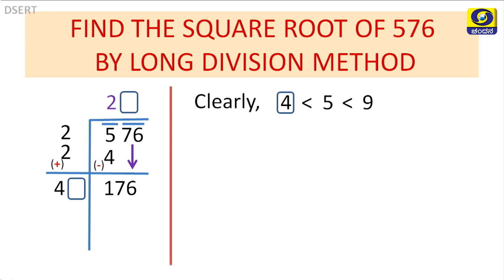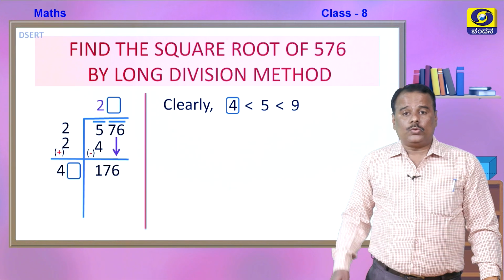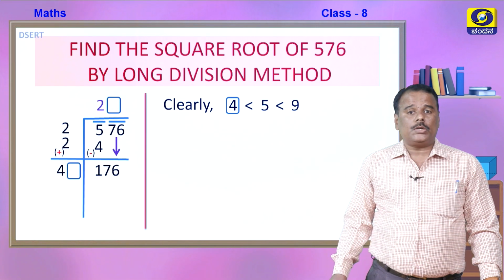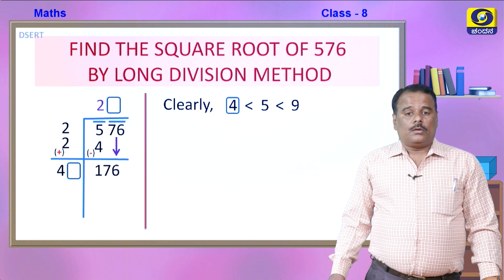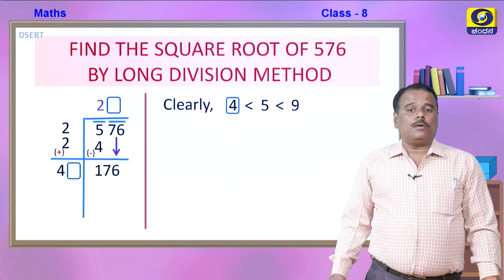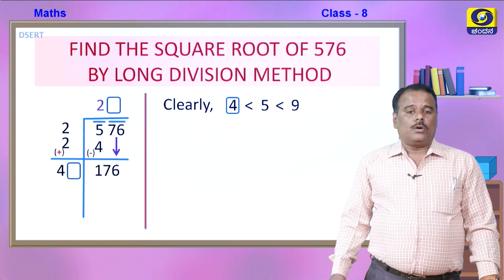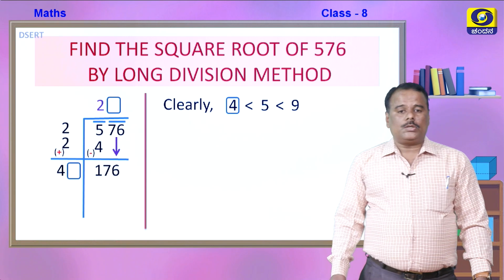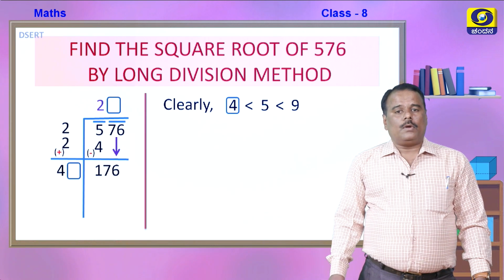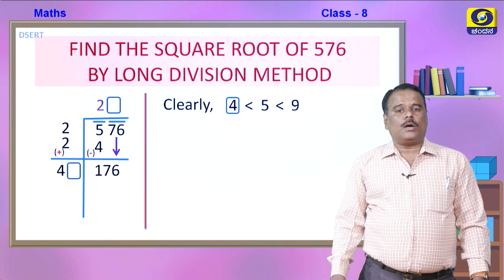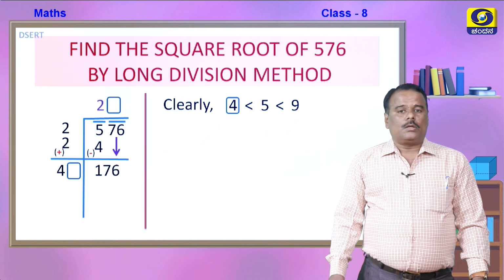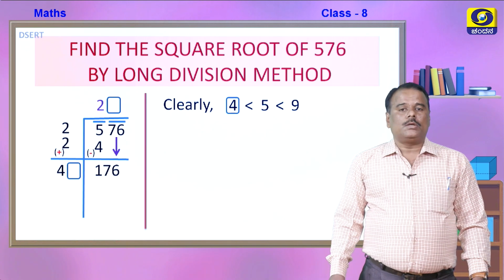to get 176. Now, we know that there are 10 digits: 0, 1, 2, 3, 4, 5, 6, 7, 8, 9. Should we check each and every digit so that we get 176? No, it is not necessary, because in our previous session we have seen that if a perfect square number ends with 6, the number whose perfect square it is must end with what?